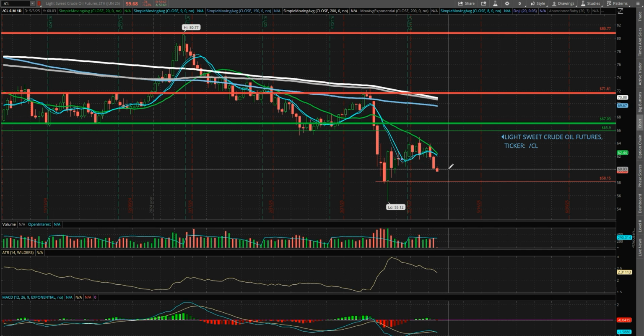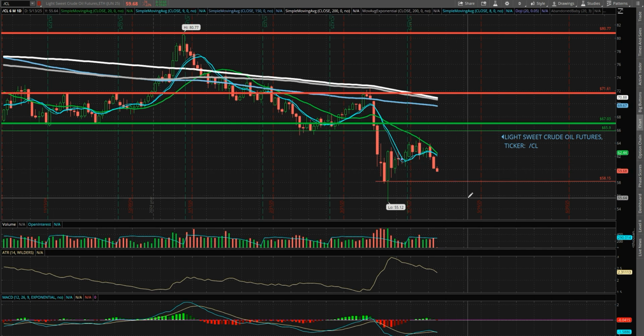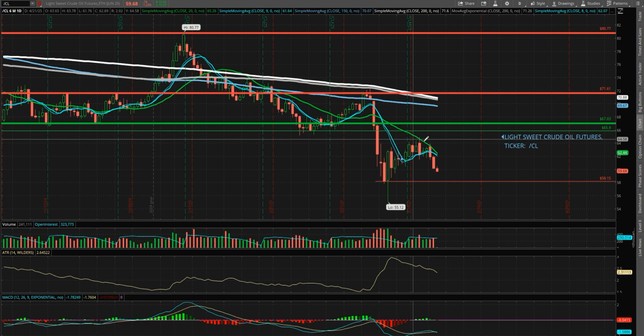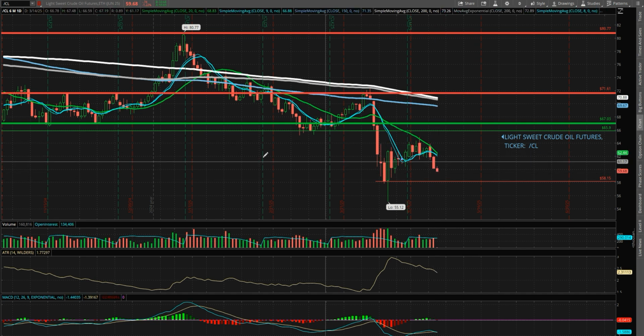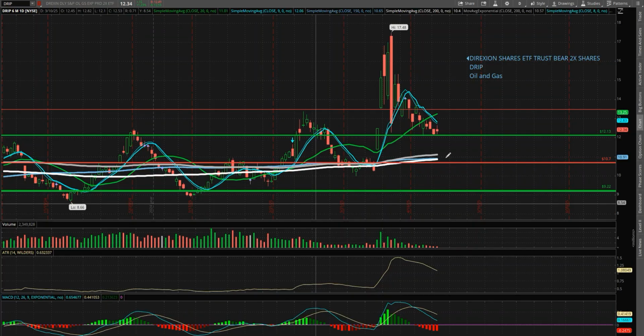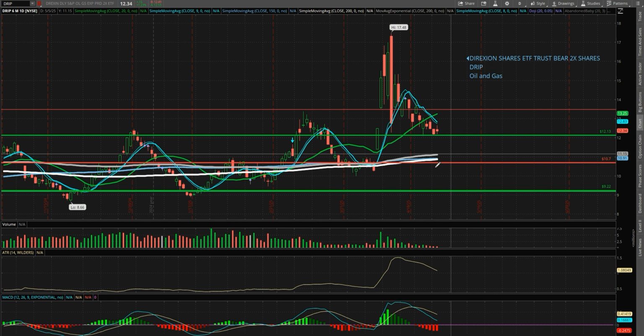So you would think it would be right on time or even faster than oil can sell off. It can push higher, something like that. But as you can see, oil is selling off, and DRIP should be in the next day or two starting to roll over and head up.